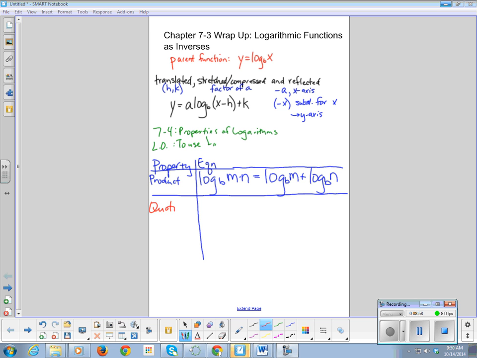The quotient property is similar, but we are talking division. So log base b of m divided by n, so you have division within the log, is the two separated out and subtracted from each other: log base b of m minus log base b of n.